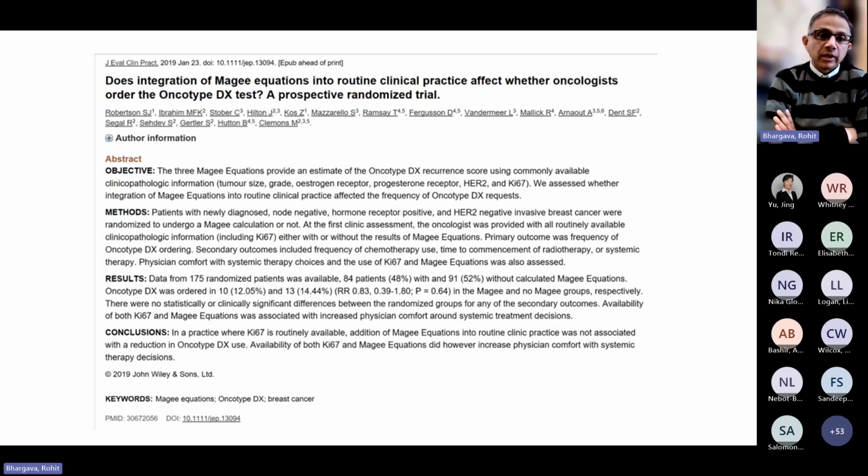So ER and PR H-score values have to go down for the best response with high Ki-67, because there are tumors which have high Ki-67 but also high ER and PR H-scores. They don't respond as well as tumors that have lower ER and PR H-scores. Just keep that in mind, and because Magee equations use both ER, PR H-scores and Ki-67, it provides you a better predictive tool than Ki-67 alone.